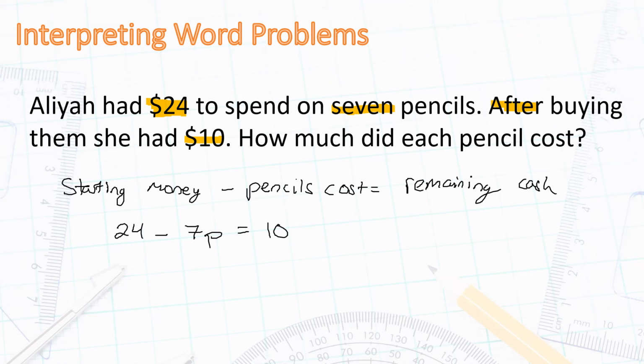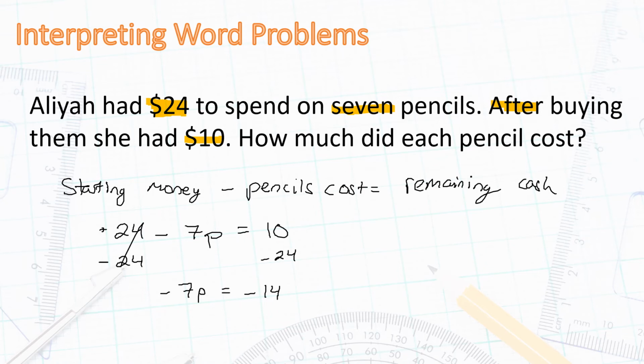So we want to get p on its own. We're going to subtract 24, because even though there's a minus between them, it's 24 minus 7p, the 24 itself is positive. So to get rid of that, we're going to subtract 24 from both sides. So 24 minus 24 is 0, minus 7p, so the 7 is negative, is equal to 10 minus 24, which is negative 14.